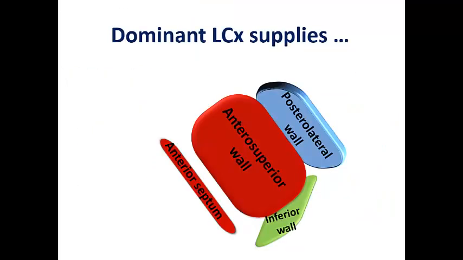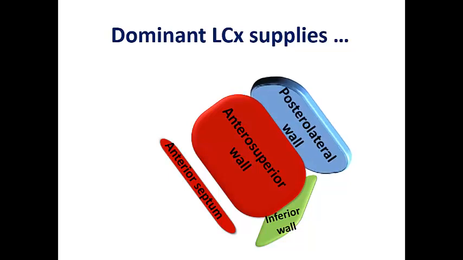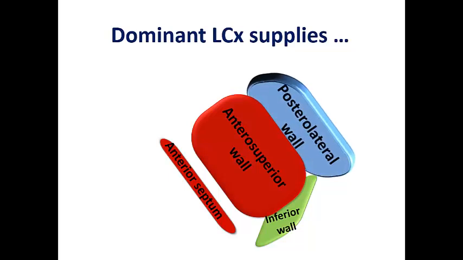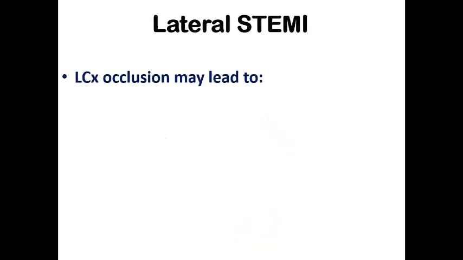And so dominant LCX can supply the posterolateral wall, involving the lateral wall and posterior wall, and also the inferior wall. So don't be astonished if you see a patient having ST elevation involving the lateral wall, inferior wall, and posterior wall, and the culprit was LCX. Of course, it was a dominant LCX.